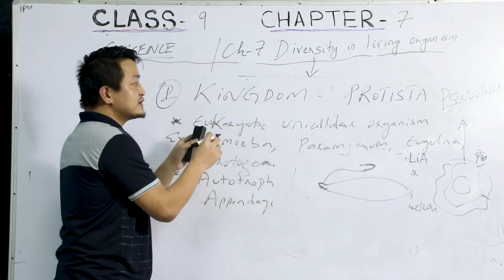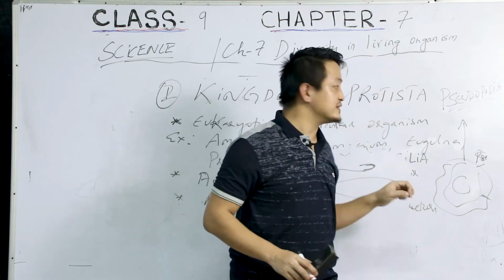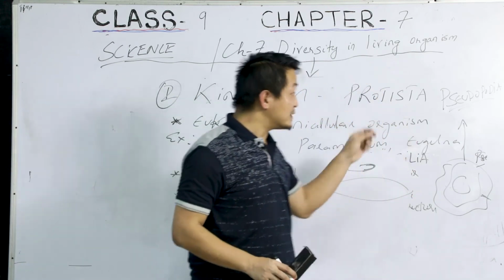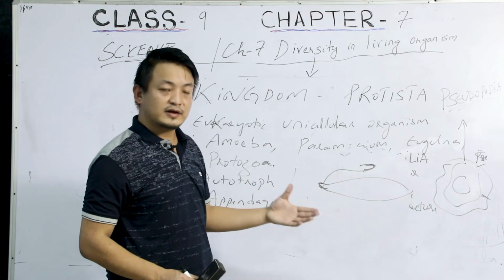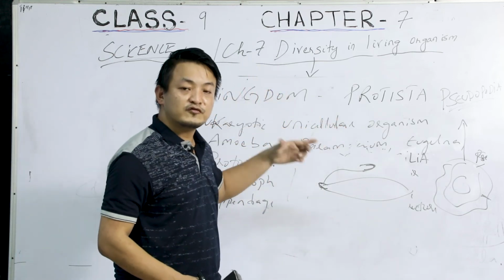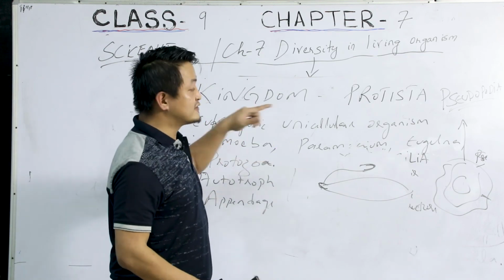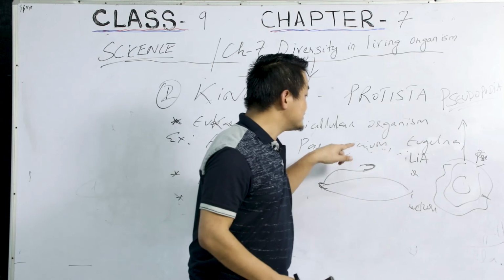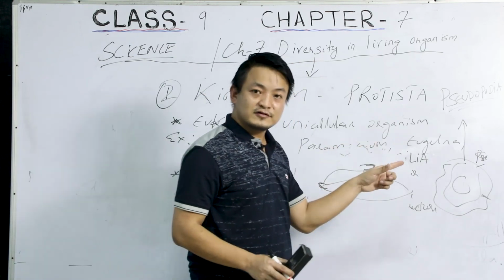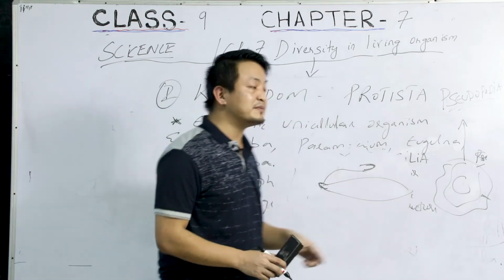So under the kingdom Protista, we find certain appendages in their structure, and this helps these organisms in their movement. I've shown you certain examples: in amoeba, they have pseudopodia; in paramecium, they have cilia; and in euglena, they have flagella, which helps them in movement.